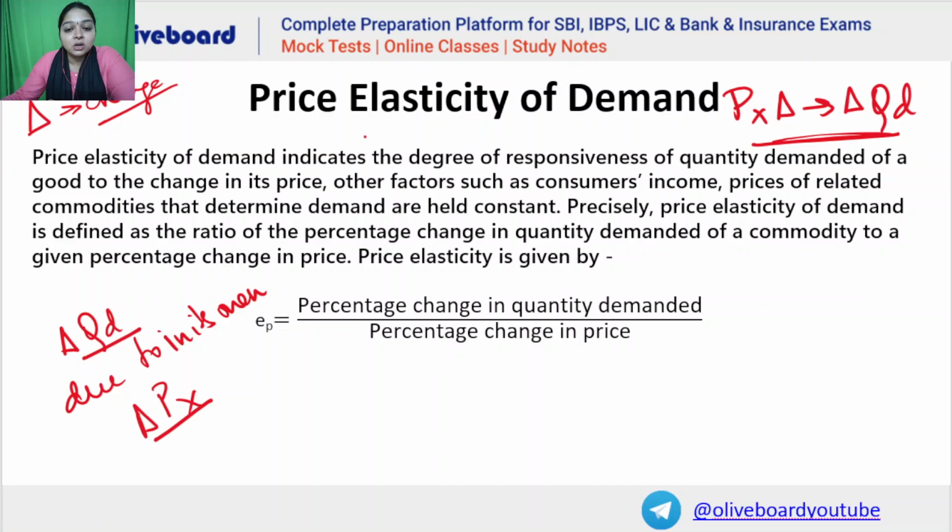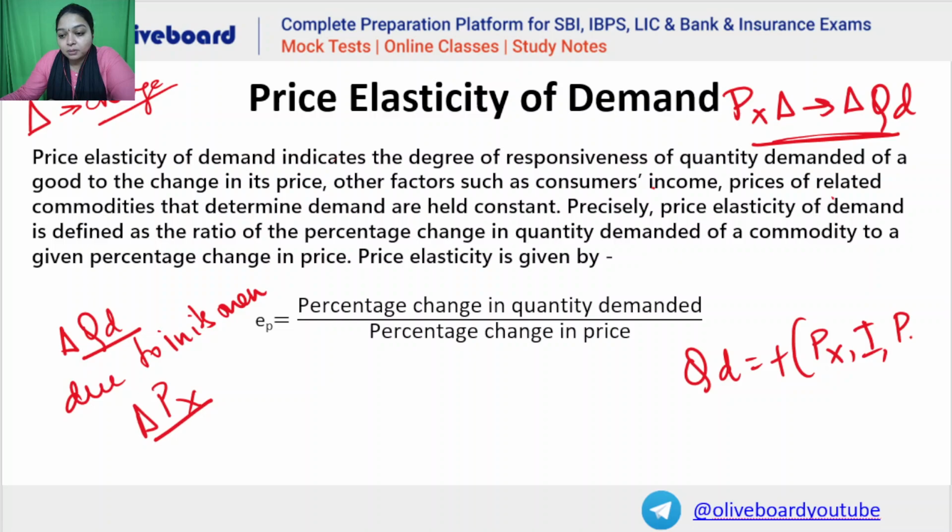Price elasticity of demand indicates the degree of responsiveness of quantity demanded of a good to the change in its price. Other factors such as consumers' income and prices of related commodities that determine demand are held constant. Again, when we saw the demand function, it was a function of price of the own commodity, income of the consumer, and price of related goods and services.